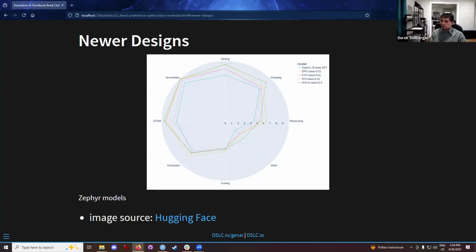Role play seems to be doing pretty well. But at the time of this particular paper, notions in extraction, such as maybe summarizing a research article, coding there at the bottom, were a bit lower in scale.